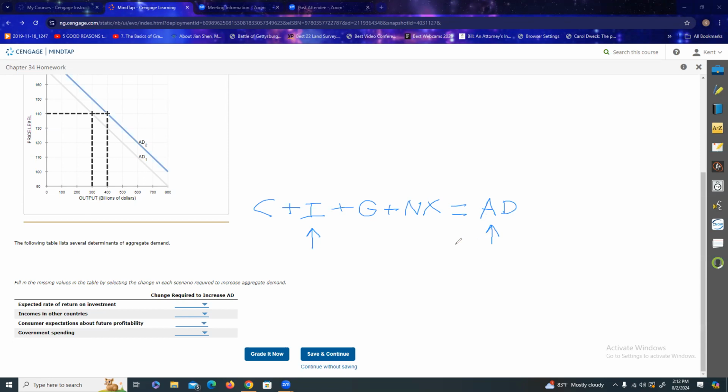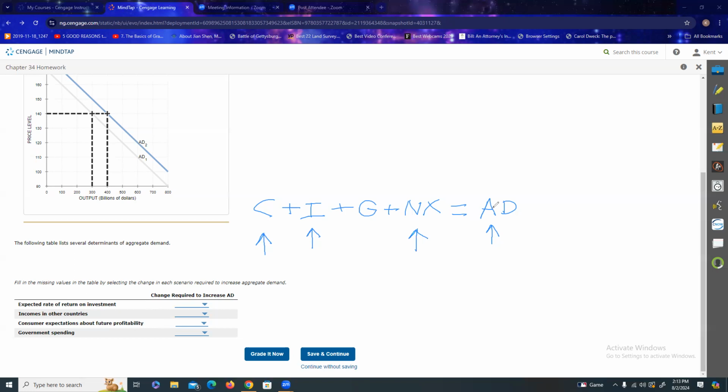Incomes in other countries. Well, if incomes in other countries go up, net exports will go up. Net exports, a component of aggregate demand, rises, okay? And consumers' expectations about future profitability. If consumer expectations are optimistic, then they're going to be spending more.